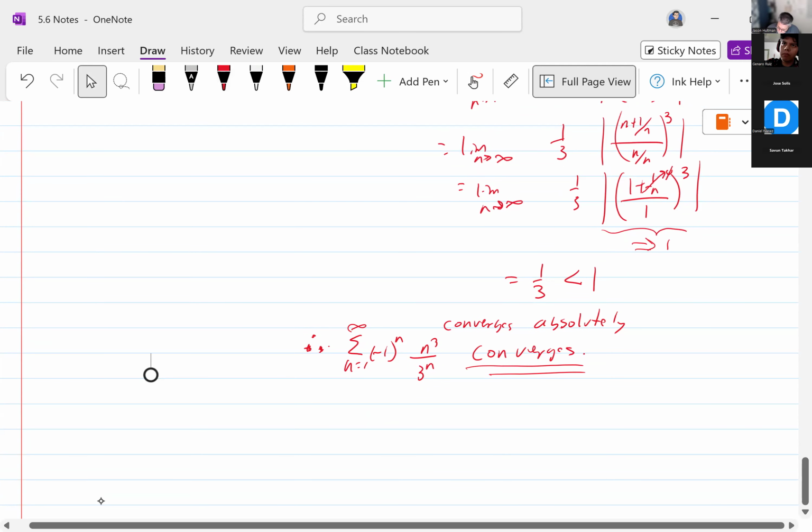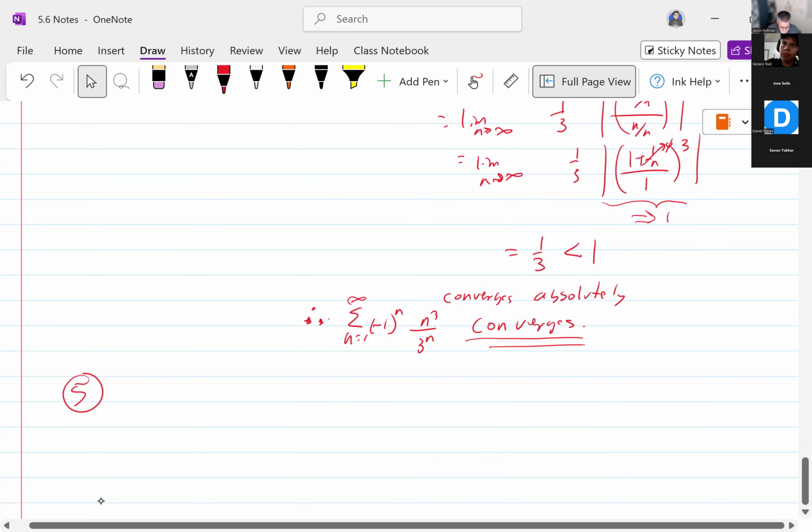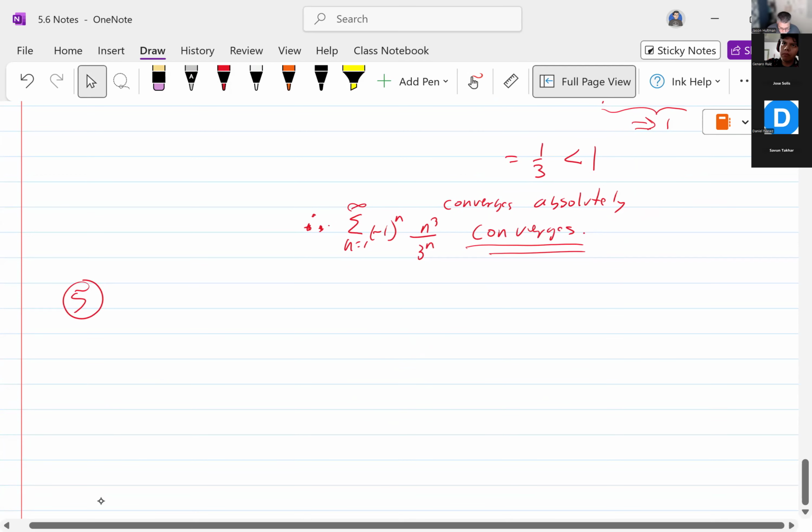Okay, let's try another one. Let's try this series, the summation n equals 1 to infinity of 1 over n factorial. Hopefully everybody knows what factorial means, but if you don't, for example, 5 factorial is 5 times 4 times 3 times 2 times 1.